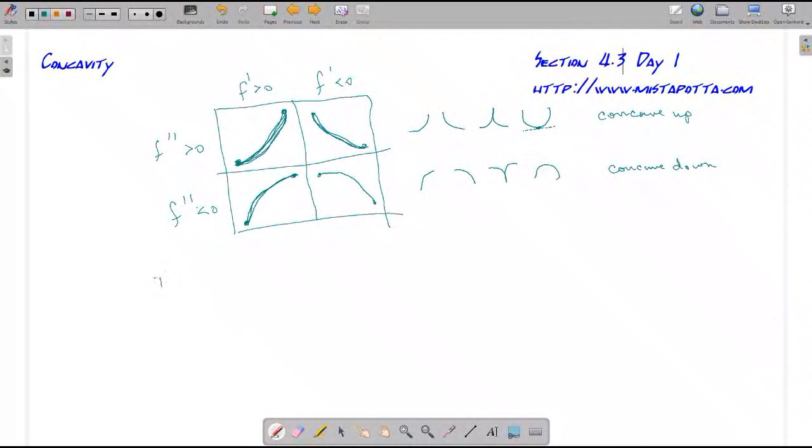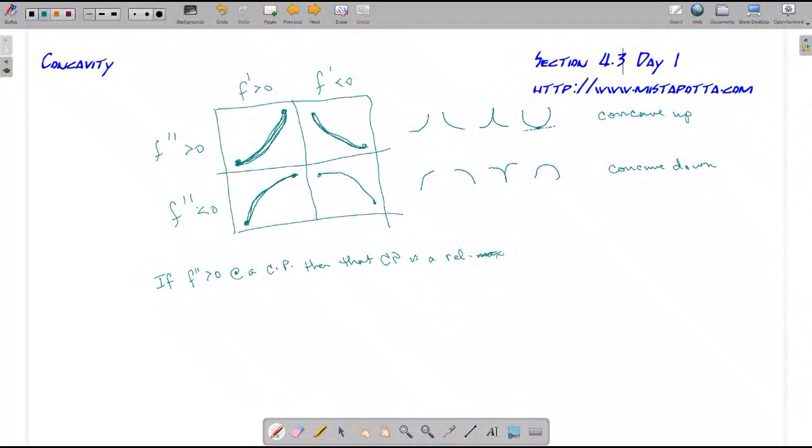So if f double prime is greater than 0 at a critical point, then that critical point is a relative max.